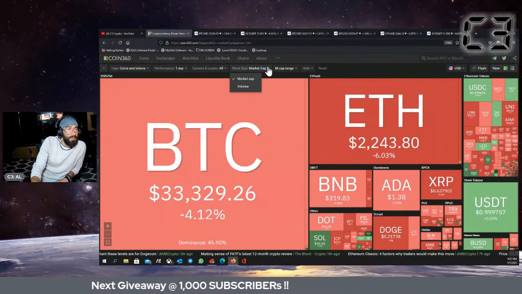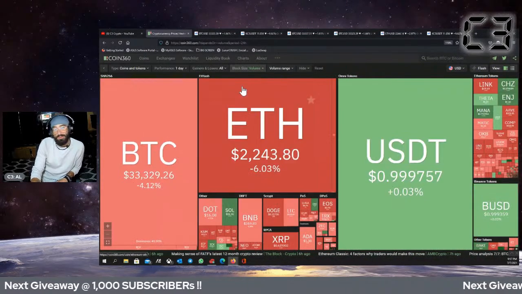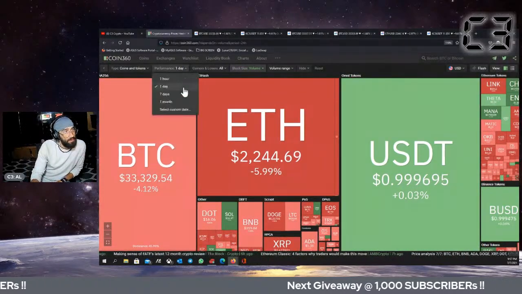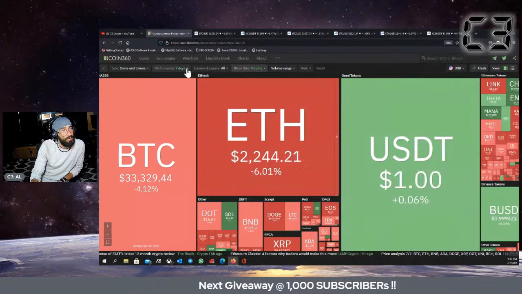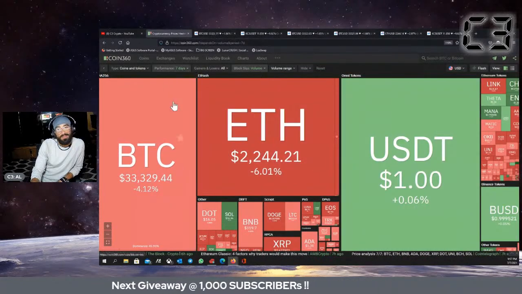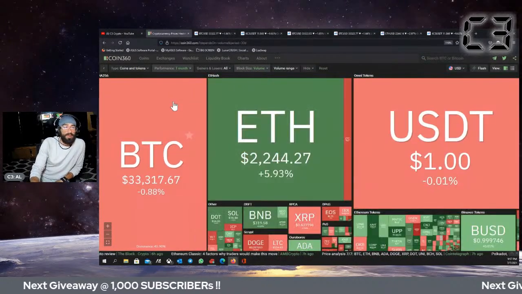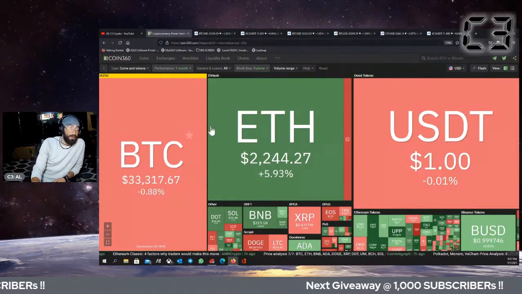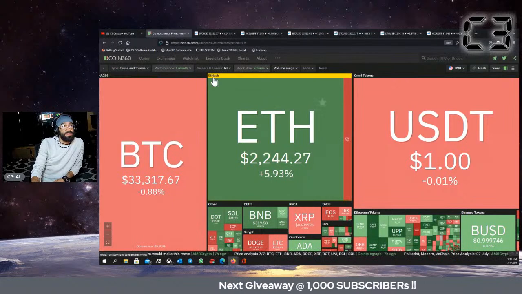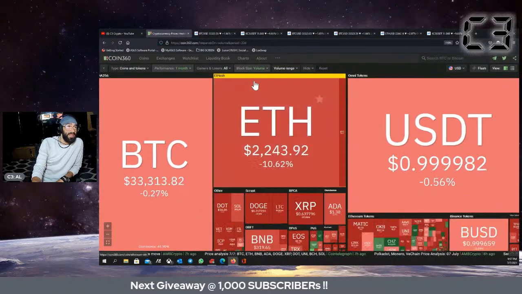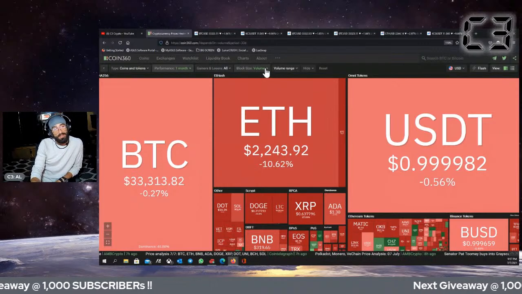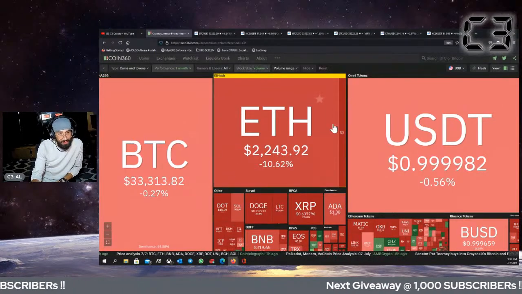But I really care more about who's putting their money where today or this week or this month. So for me, I feel like that's a little bit more relevant in determining the market health, and it's fun. So if you're using Coin360 as an indicator or as one of your tools, be sure to utilize this and check out the difference in volume and market cap and how this changes.